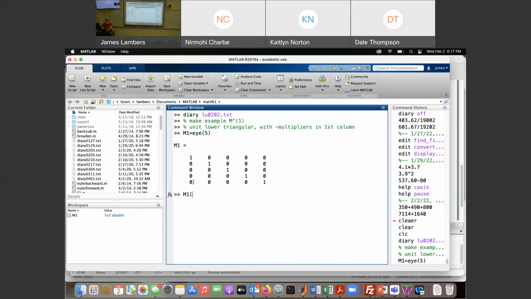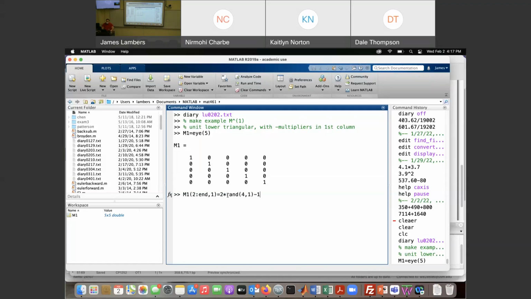So rows 2 to the end, column 1. Now let's put random numbers in there. Just to make it more interesting, rand, as you may know, generates random numbers uniformly distributed in the interval 0, 1. I like to have a mix of positives and negatives, so I'll multiply by 2 and subtract 1.